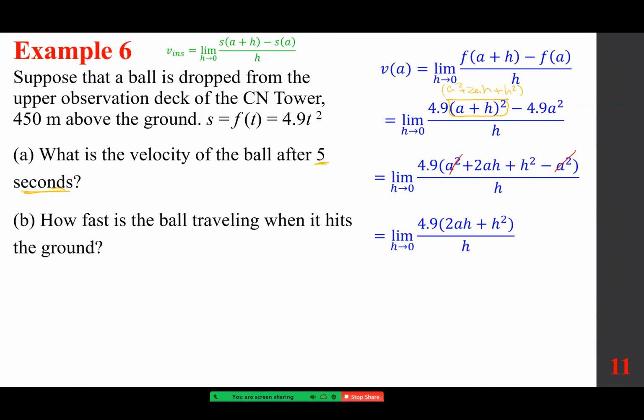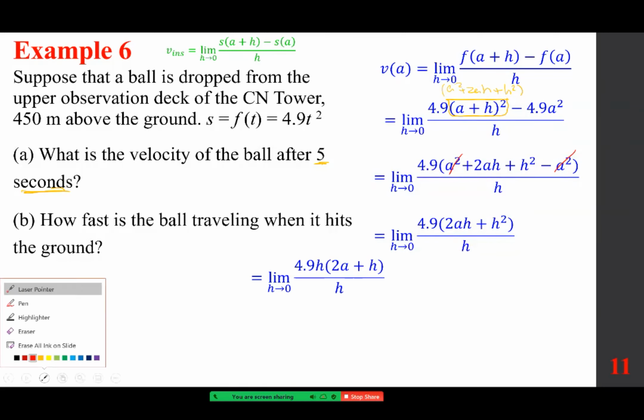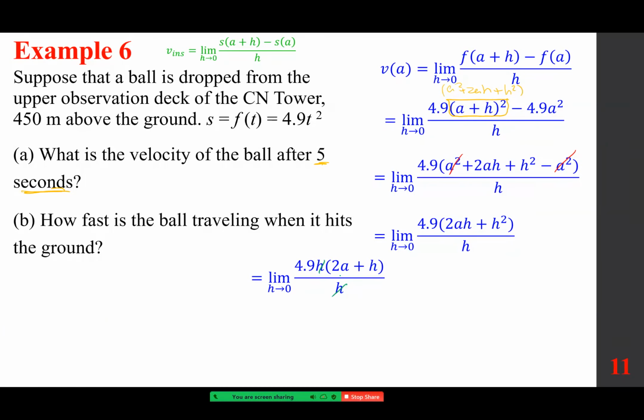Now, remember, it is the 0 in the denominator that creates a problem. And we notice this expression in parentheses, we can take the H out. If I get the H out, I'm left with 2A plus H inside. And now, if I drop the H, I'm left with everything else, and I can plug in H equal to 0.